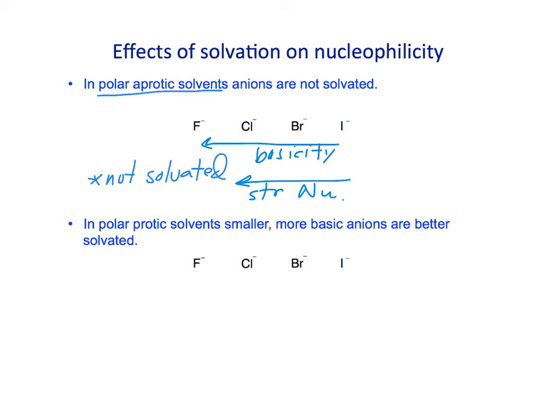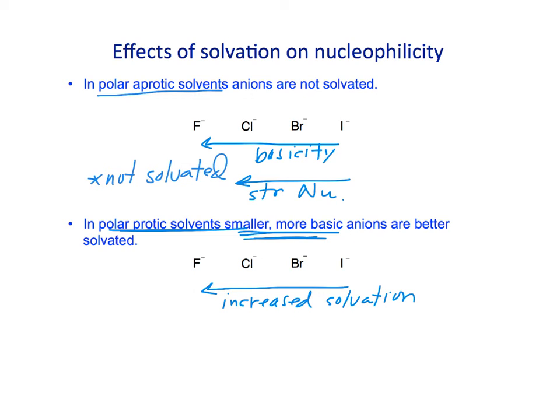If we run the same reaction in a polar protic solvent, the solvents easily solvate especially the smaller, more basic anions. So solvation will increase as we go to a smaller anion. So as we go this way, this has increased solvation.